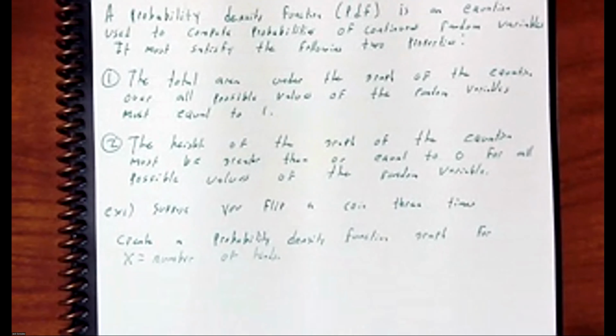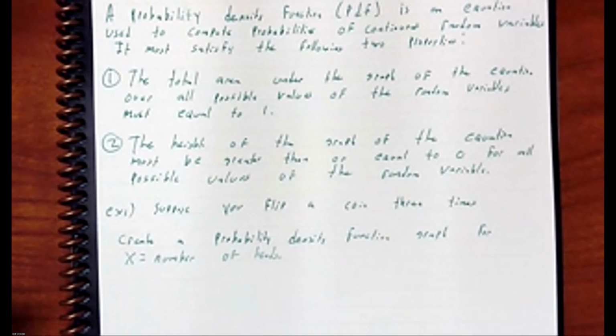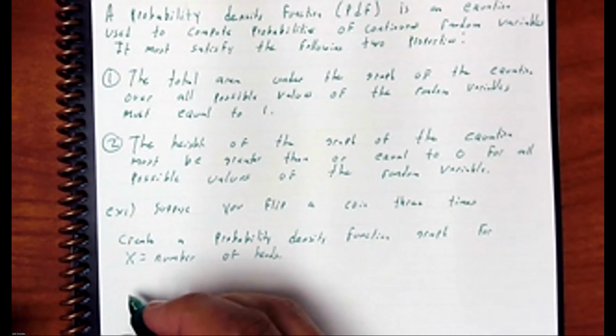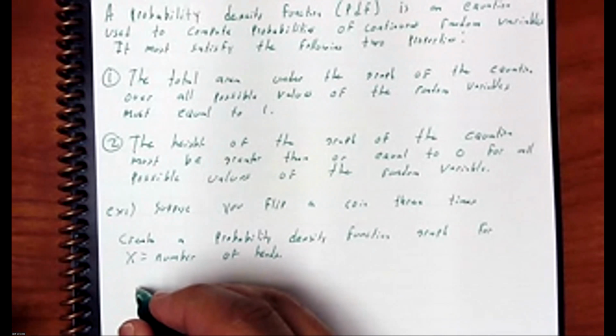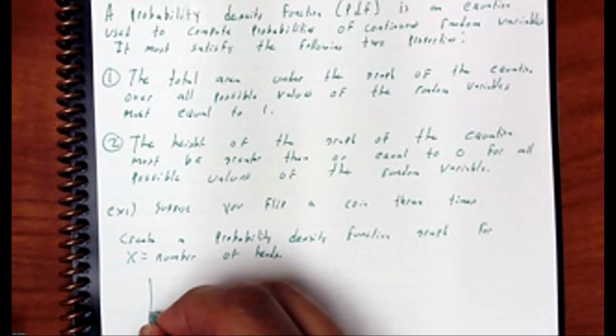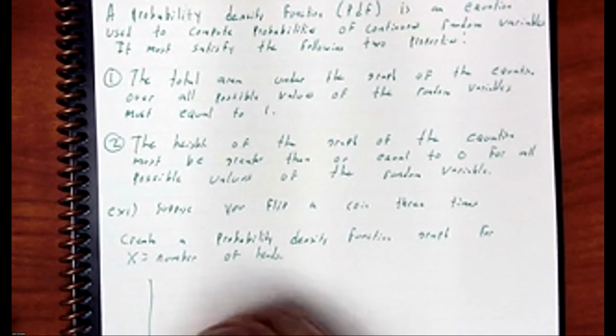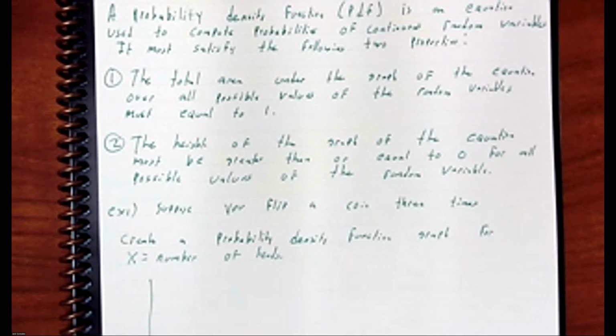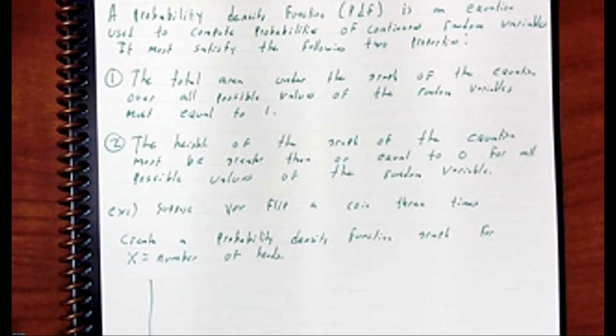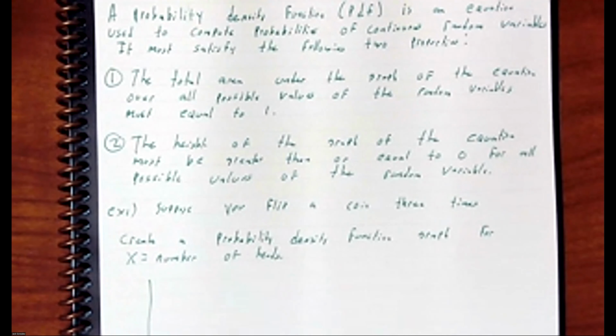We're going to create a probability density graph that focuses on the total number of heads out of the 3 flips. And of course, the outcomes have to be either 1, 2, or 3 heads, right?